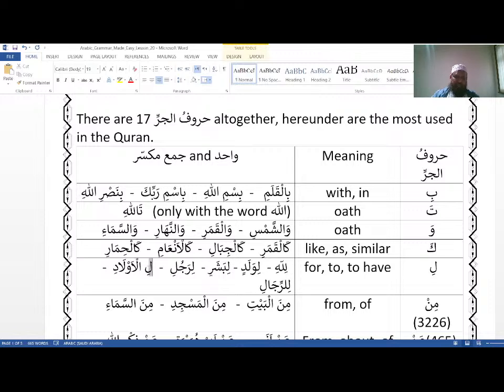But when the harful jar lam comes with alif lam, this alif is not pronounced, because this alif is silent. Okay, we cannot write a capital lam at the beginning of a word. Arabic starts with a lowercase letter. Arabic never starts with a capital letter. We need to join this to this.